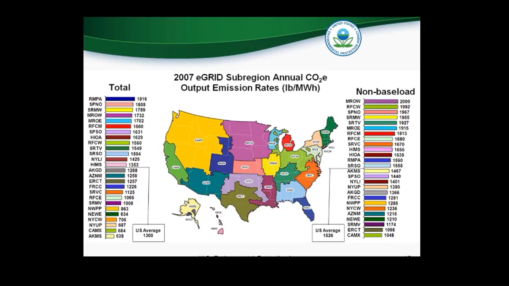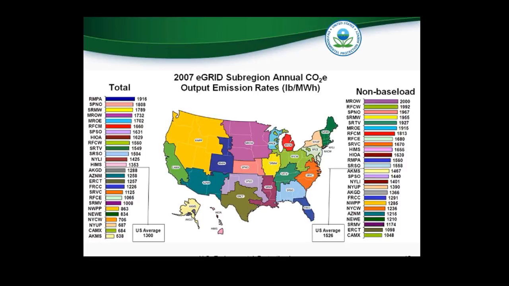Just a brief explanation of non-baseload rates. Basically, this is where we took out all the non-combustion generation, took out all the generation emissions from the remaining plants having very high capacity factors, and removed some of the generation from plants that have capacity factors between 20 and 80%, depending on what the capacity factor is.